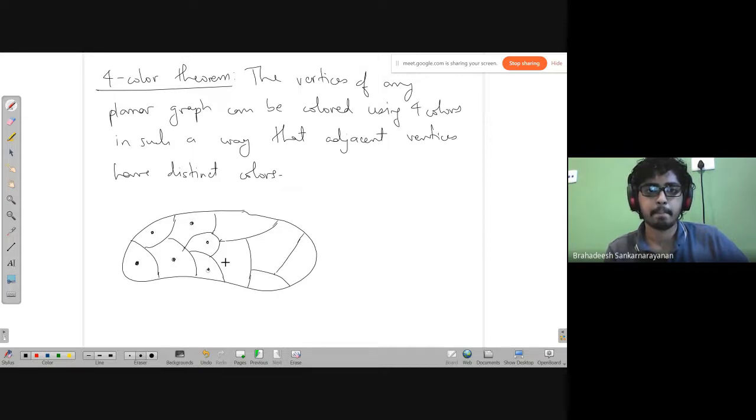Okay. And whenever 2 countries share an edge, I'm going to draw an edge between the corresponding vertices. So these two, these two, this one, this one, this one, this one, this one, this one.